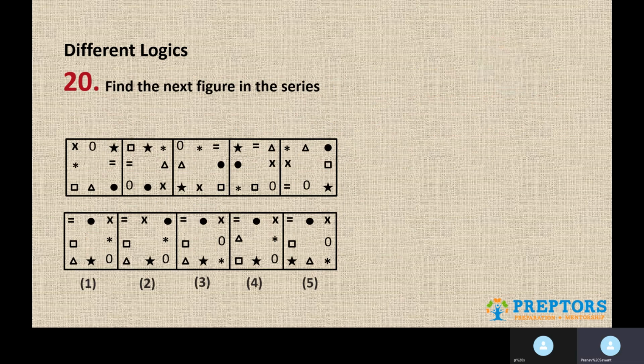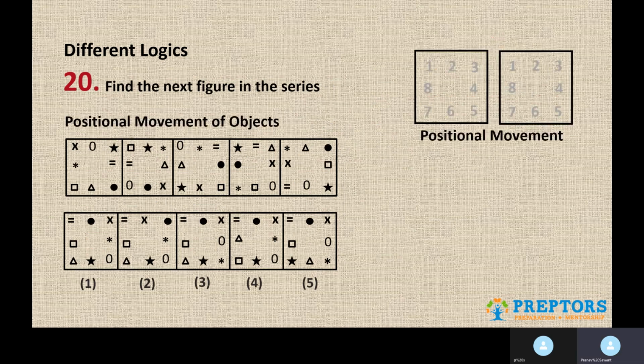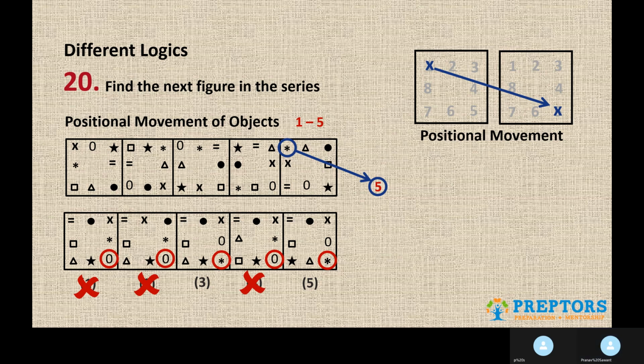Find the next figure in the series. So let's see the positional movements of the object. So X is going from first to fifth. Now if you observe, first option, second option and fourth option will be eliminated because they are not following the logic.